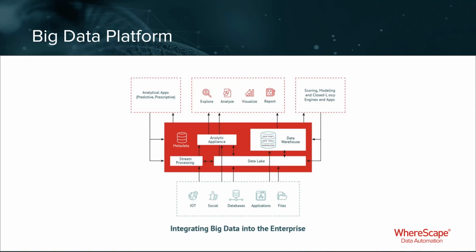You can see where the data lake fits in here, but that doesn't mean the data warehouse and some of the other platforms go away. And one of the key things, which we'll talk about later, is the metadata. Without the metadata, how do you know what data is available through your data platform?